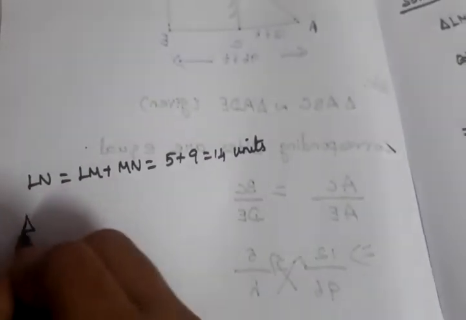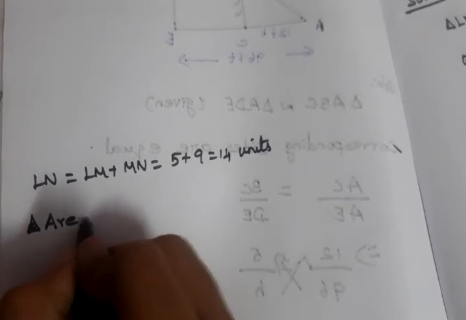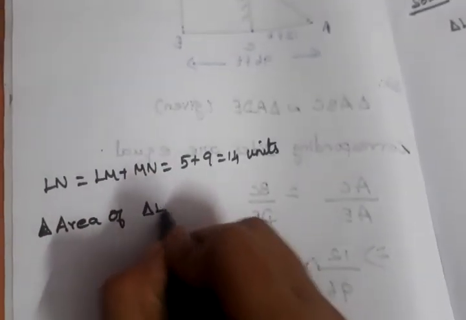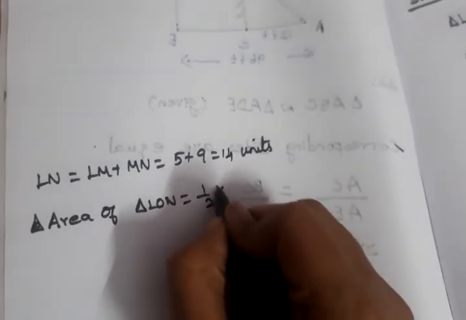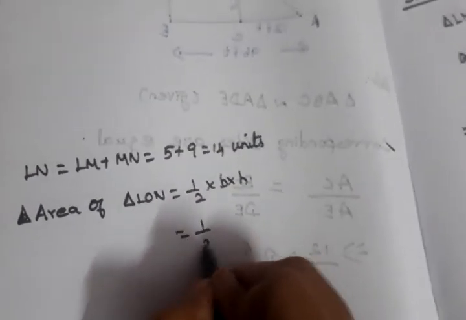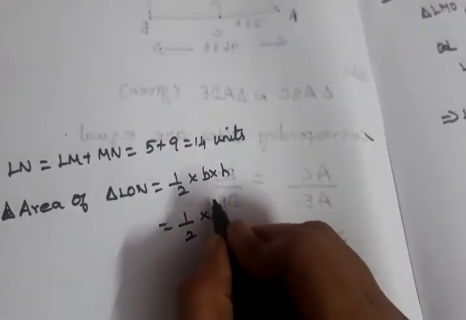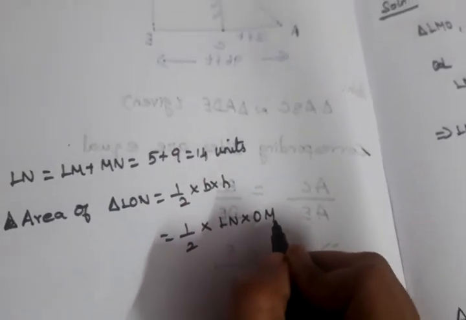So area of a triangle LON equal to 1 by 2 into B into H. 1 by 2 into base LN into OM.